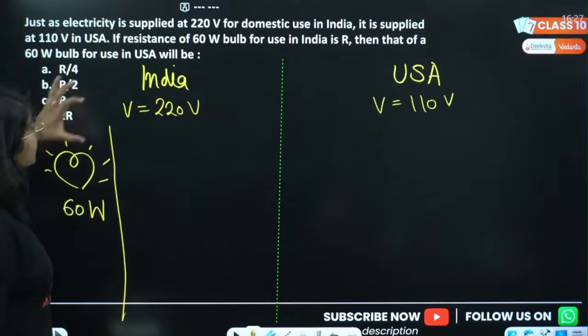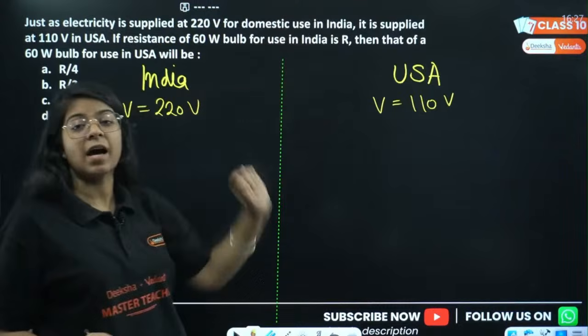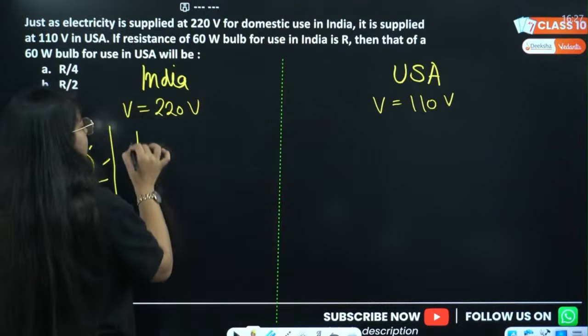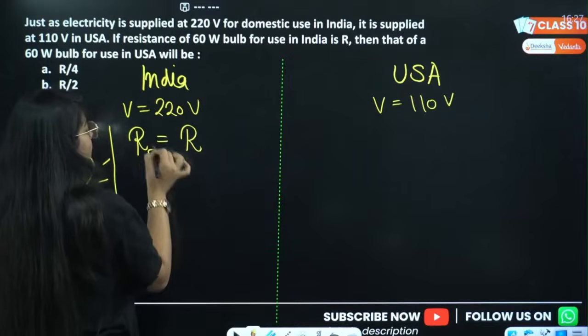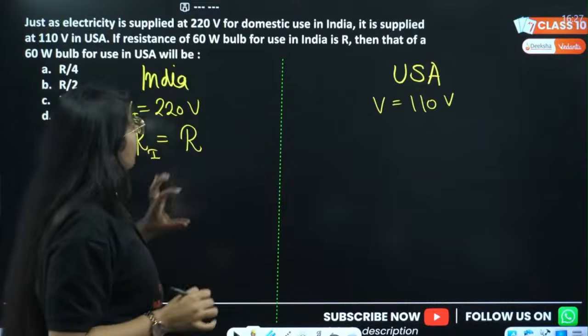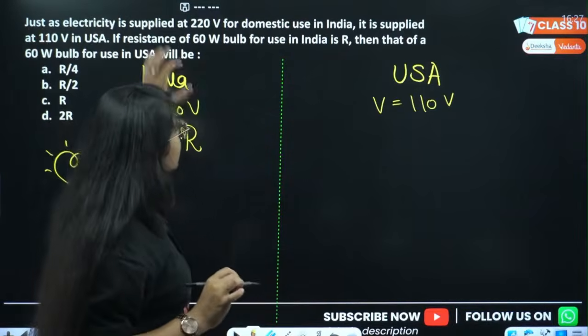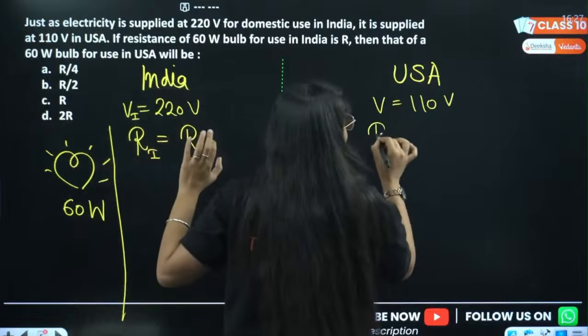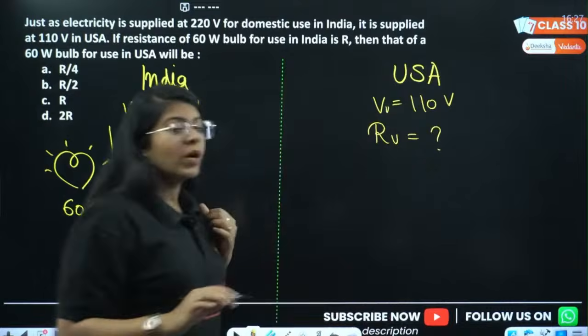Now they are saying that if resistance of a 60 watt bulb for use in India is R, the resistance of this bulb is R in India. Let me write I with everything. And then that of resistance of this same bulb in USA will be what? We have to find what will be the resistance of this bulb in USA.